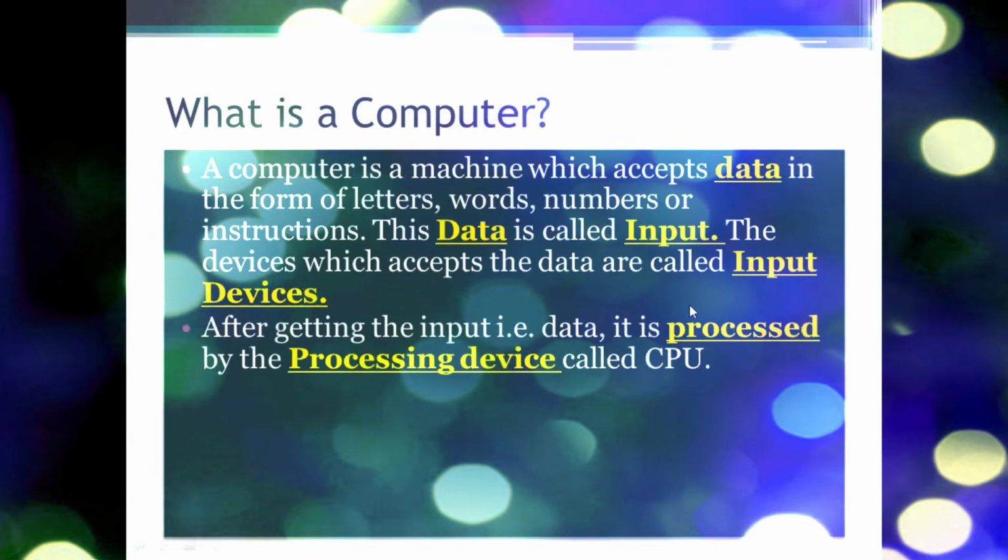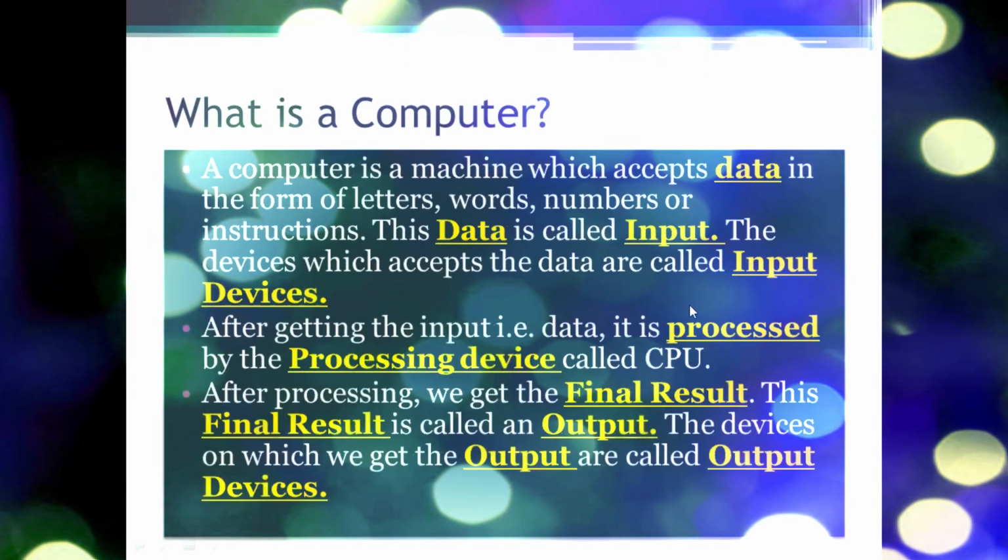Now, what is a computer and how does it work? We all know a computer is a machine which accepts data in the form of letters, words, and numbers. All these are called my input, and these are also called my data. The devices which accept the data are called input devices.